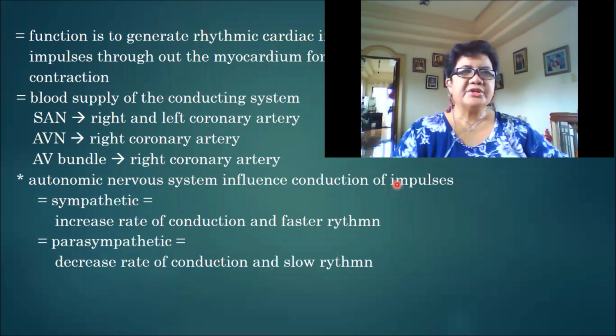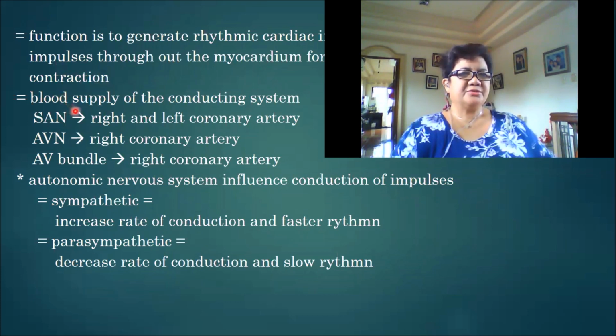Now the function is to generate rhythmic cardiac impulses and rapid conduction of impulses throughout the myocardium for a coordinated and efficient manner of contraction.